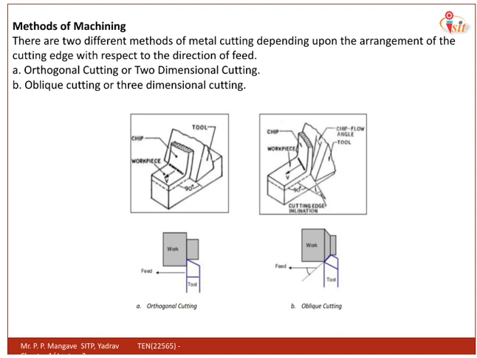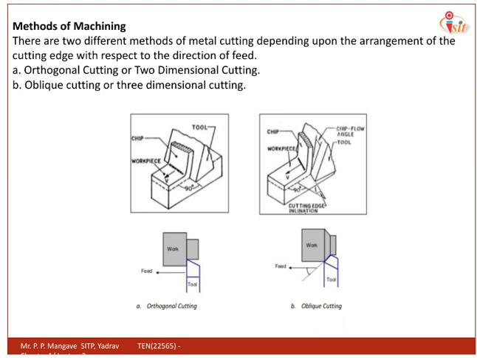As you can see in the below figure, the figure to the left shows orthogonal cutting, and the figure to the right shows oblique cutting. As you can see clearly in the figure, a wedge shaped tool is inserted at a certain width to remove the material, and it travels in the forward direction, which causes the material to be removed.